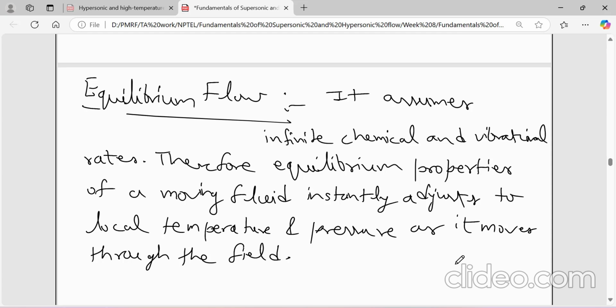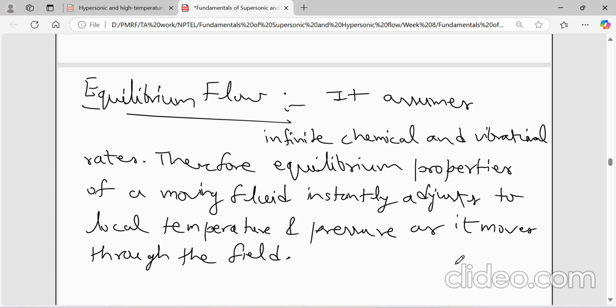So if there is no change in chemical composition, it means that it has infinite chemical and vibrational rates, because there should be local thermodynamic equilibrium also. Let's say there is a flow happening, so at different points of the flow there will be different properties also.